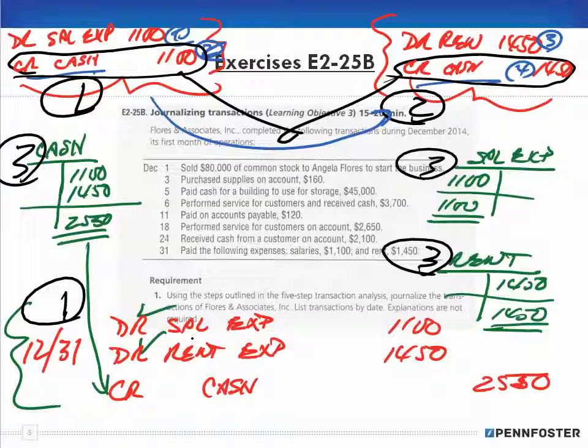But after time and a little bit more experience, you'll progress and get to a point where you're doing it right off the cuff. Now, if this was a really complicated journal entry, even as an accountant with 30 years of experience, I wouldn't hesitate to create my T accounts in order to be able to figure out the transaction and to see what amounts go to what accounts.